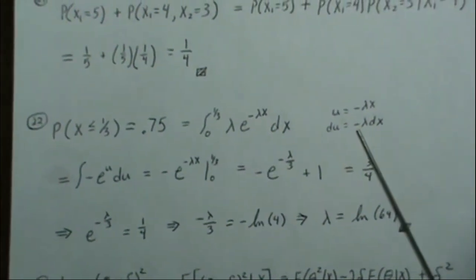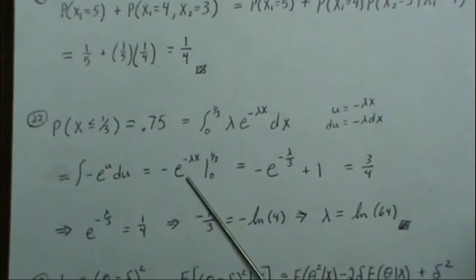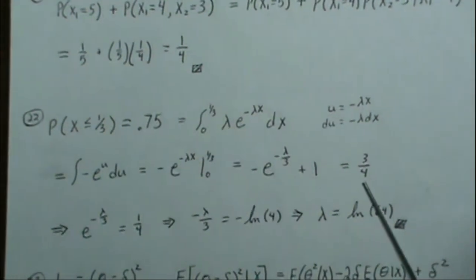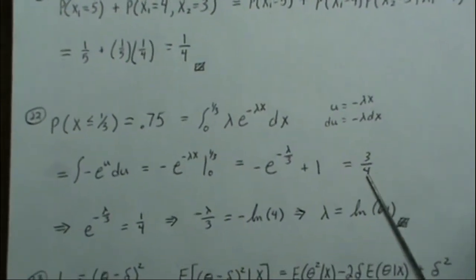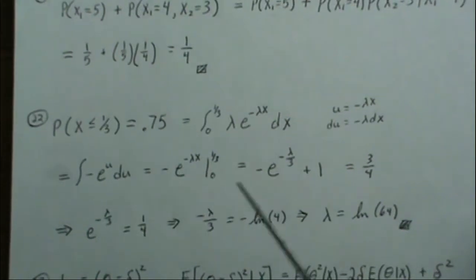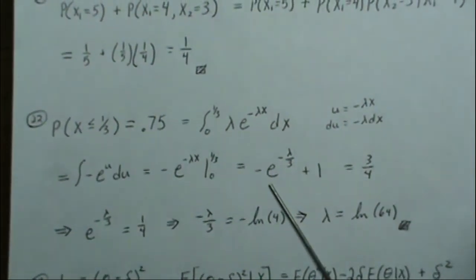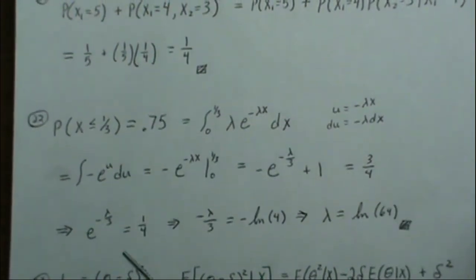If we do a u substitution, we get this, integrate it, and then bring it back to the x world, plug in its limits, we get 3/4. Now it's 3/4 because that's what they tell us. It's 75%, this probability.